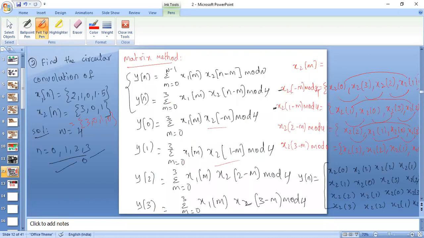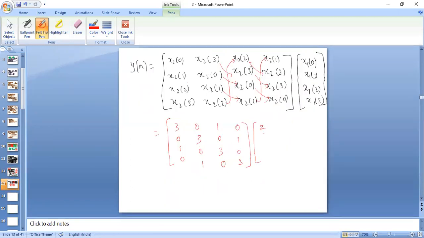What is the x1 of n value here? 2, 1, 0, 1.5. Right? Let us do the matrix multiplication here. So 3 twos are 6 plus 0 plus 0 plus 0. Next 0 plus 3 plus 0 plus 1.5. Next 2 plus 0 plus 0 plus 0.